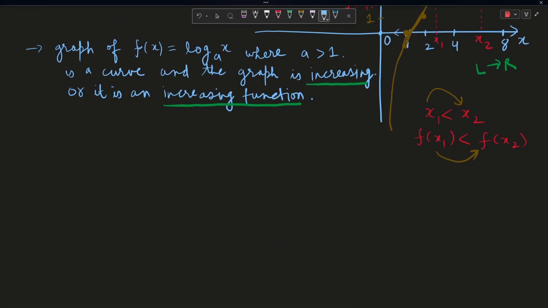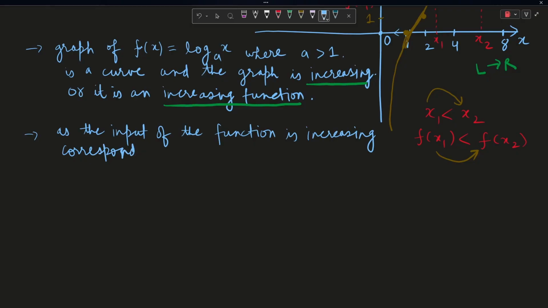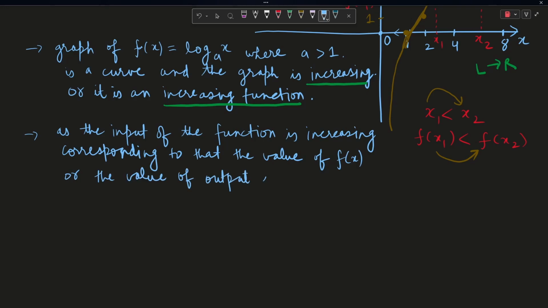So we can say that as the input of the function is increasing, corresponding to that the value of f of x, or the value of output, is also increasing, right?